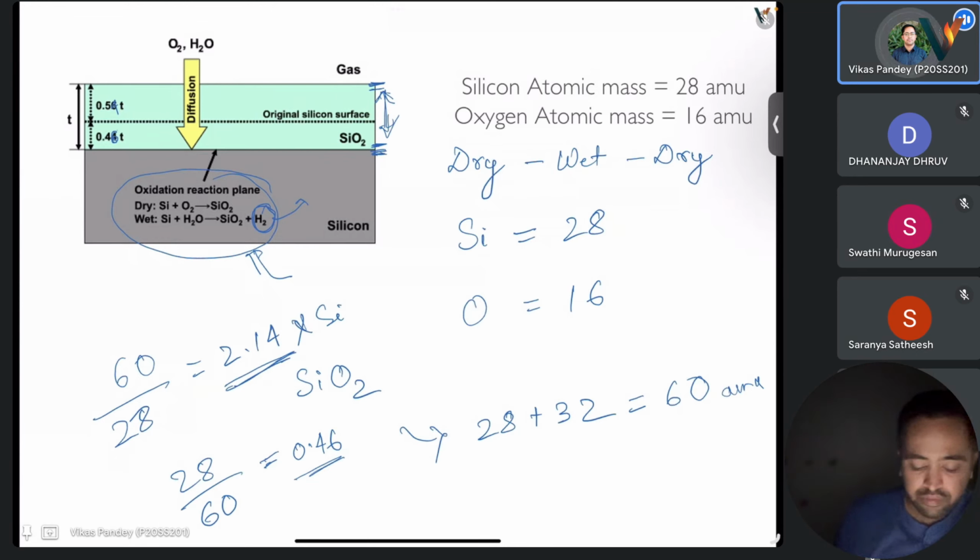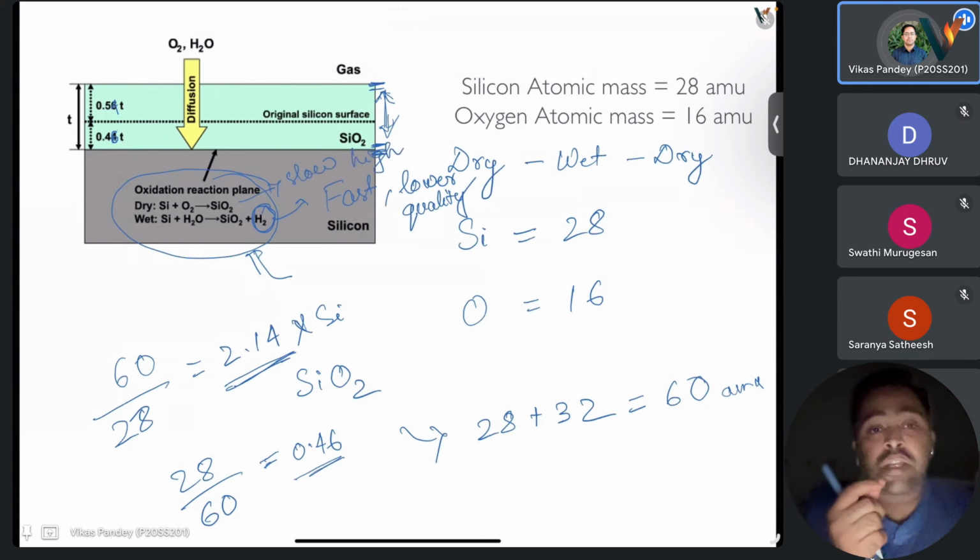So this is fast but lower quality. In case of dry, it is slow, high quality.